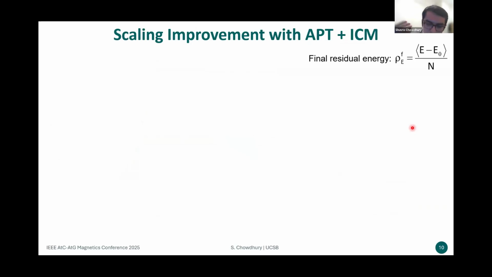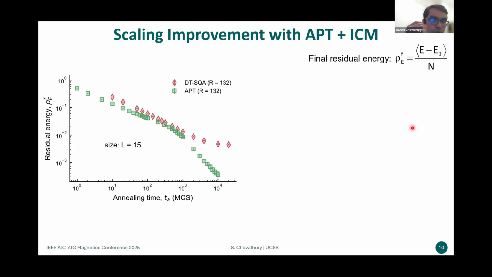For spin glass type problems, the gold standard classical algorithm is parallel tempering, and we are using a variant of this which we call adaptive parallel tempering, and we are also applying iso energy cluster moves to enhance the power of the parallel tempering algorithm. So we applied this, and we see that this parallel tempering algorithm performs actually better. Initially it is a little bit slow, but after a certain point it sharply decreases the residual energy.